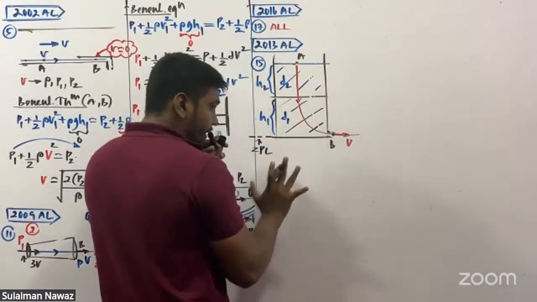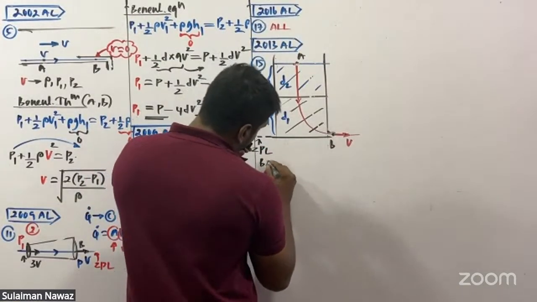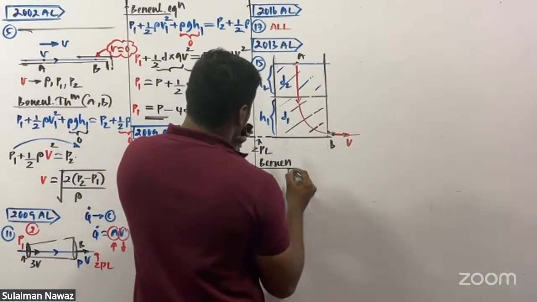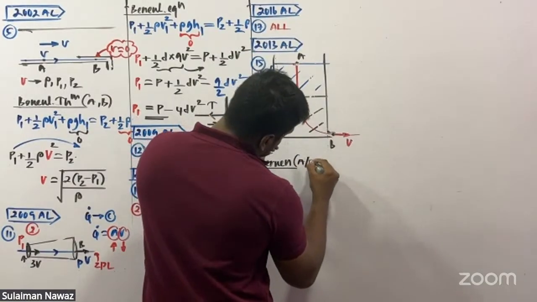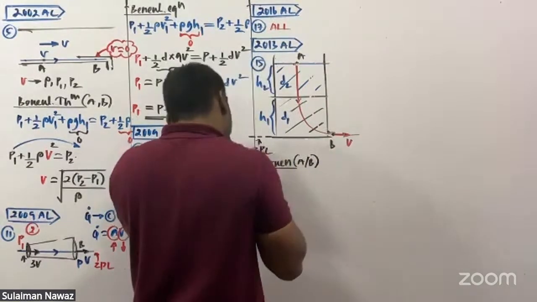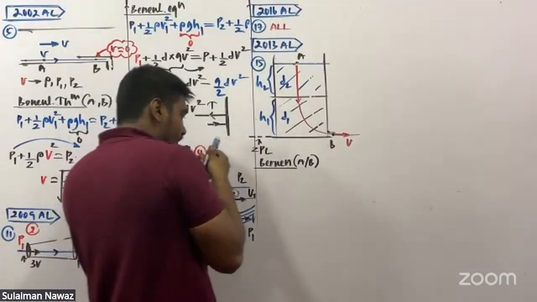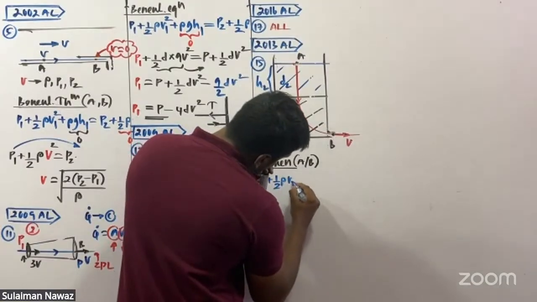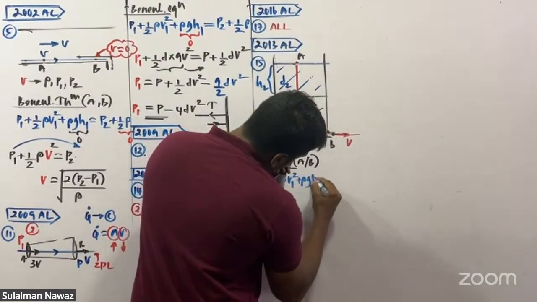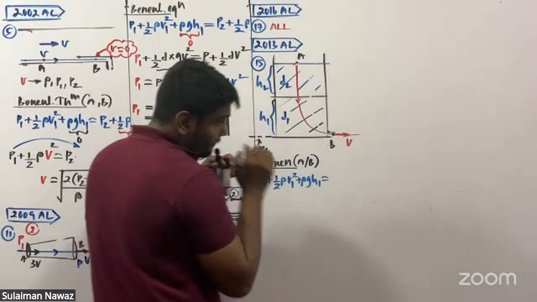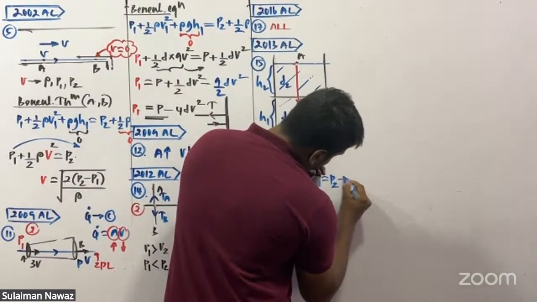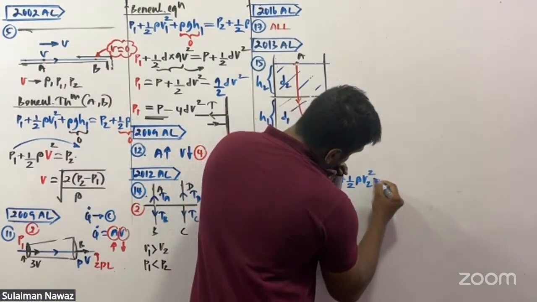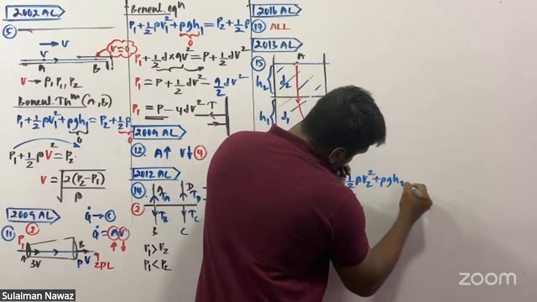If I apply Bernoulli for point capital A and point capital B, then P1 plus half rho V1 squared plus rho G H1 must be equal to P2 plus half rho V2 squared plus rho G H2.